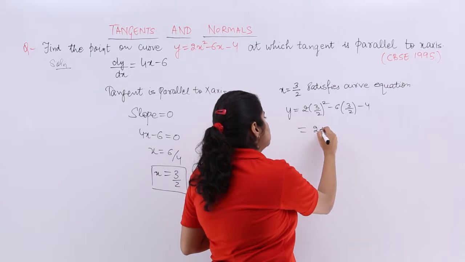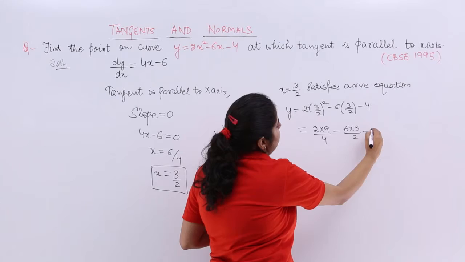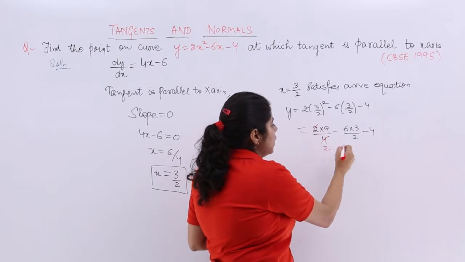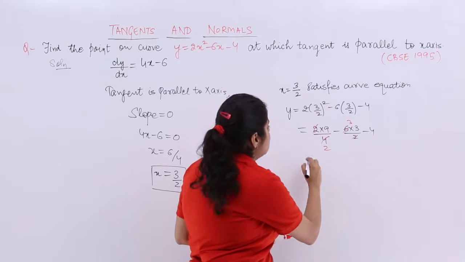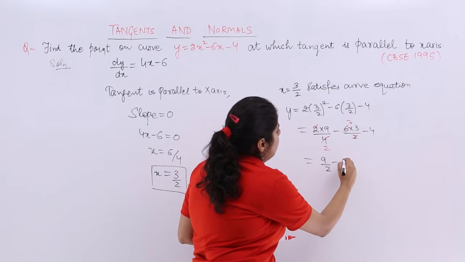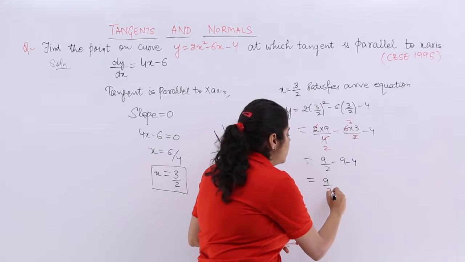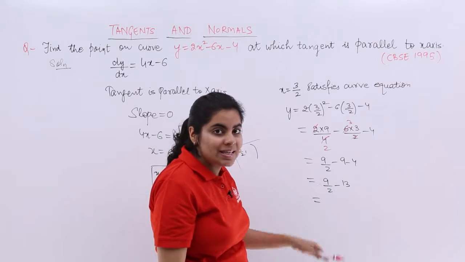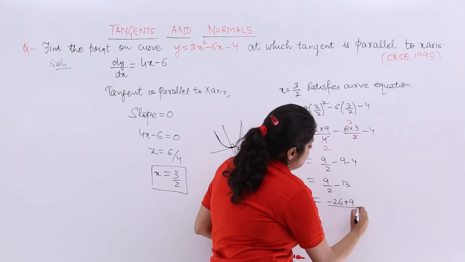Now you have to just solve. So it is 2 into 9 upon 4 minus 6 into 3 upon 2 minus 4. Just simply cancel whatever cancels. 2 ones are 2, 2 twos are 4. What is the answer? 9 by 2 minus 9 minus 4, or it is nothing but 9 by 2 minus 13, or it is nothing but minus 26 plus 9 upon 2.